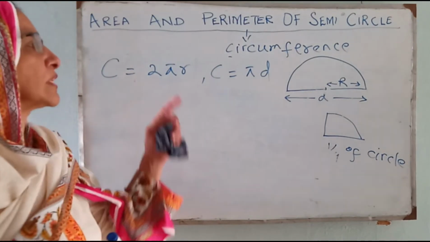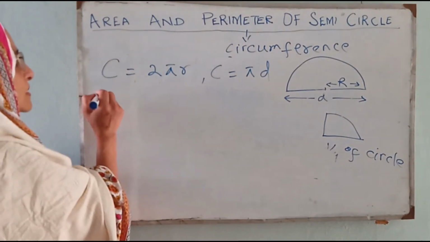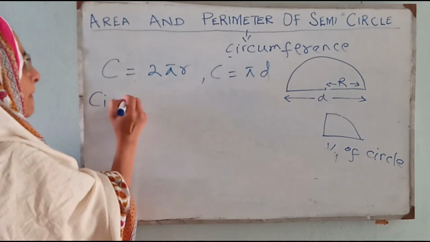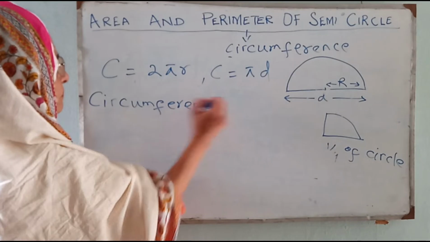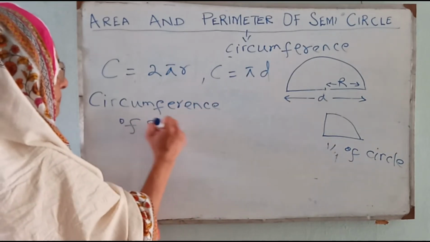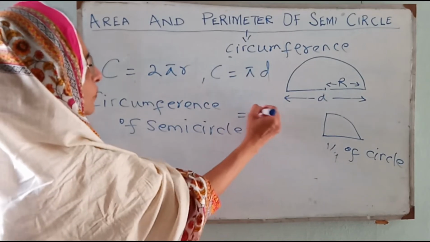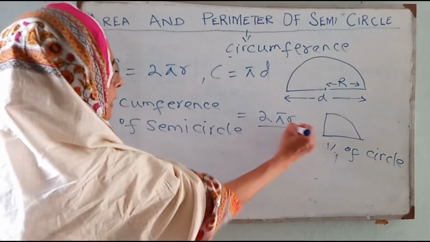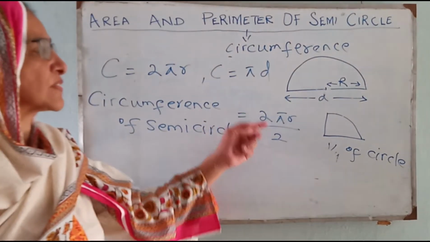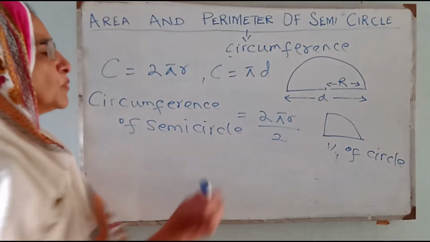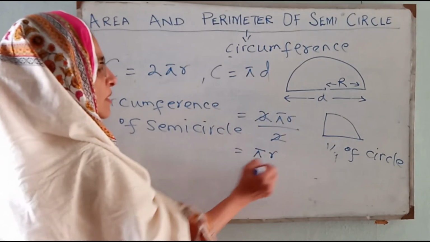Now when we are talking about the semicircle, the circumference of a semicircle, we are going to divide 2 pi r by 2, right? So whatever is the circumference of a circle will be divided by 2. This 2 and 2 will be cancelled, and we are left with pi r.